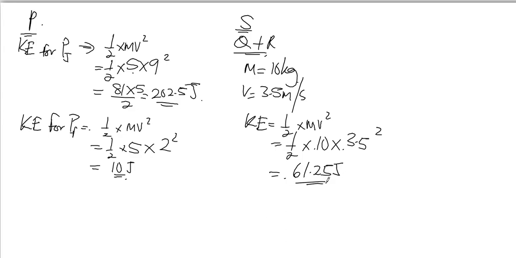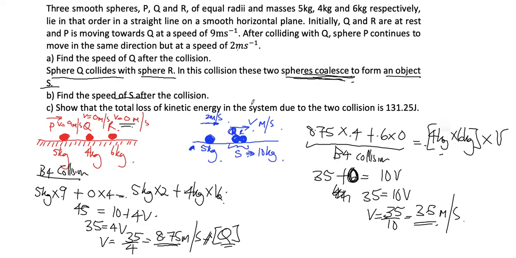Using your calculator, you should get 61.25 joules. So let's subtract these, because the question here is what is the total loss. P went from 9 meters per second to 2 meters per second, so certainly after the collision there is a significant amount of loss.